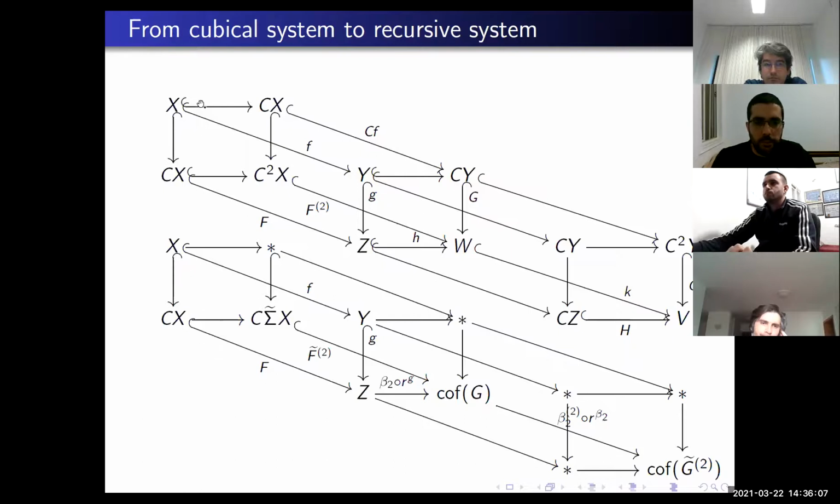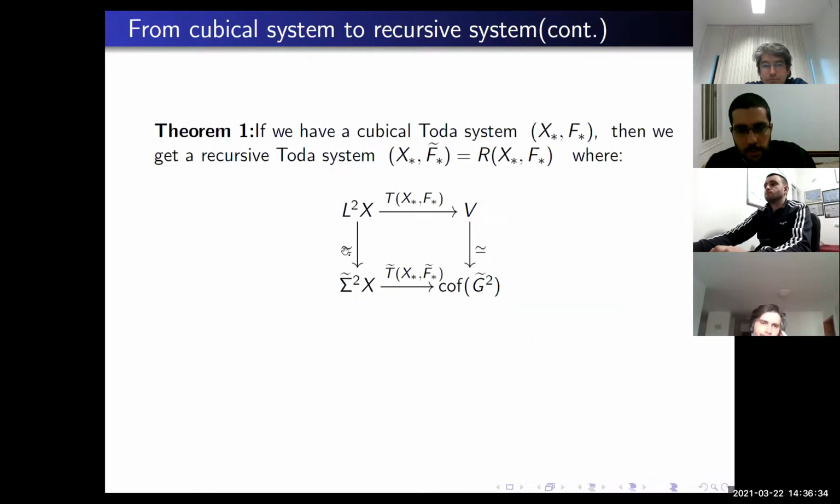For a general cubical Toda system, I don't have everything here cofibrant, but if we choose this diagram to be cofibrant, then the homotopy cofiber is equivalent to the cofiber, and from these diagrams we induce this diagram between the Toda brackets.